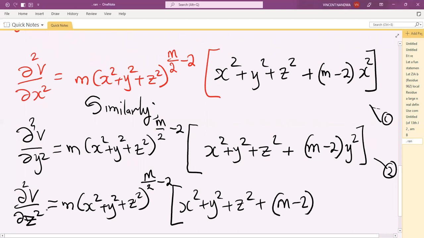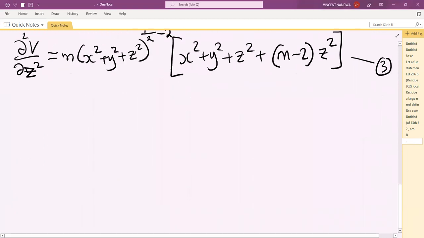Now, because this is with respect to z, here you have z squared. You can actually prove this result for ∂²V/∂y² and ∂²V/∂z² in a similar manner to the processes we have worked out to get ∂²V/∂x².